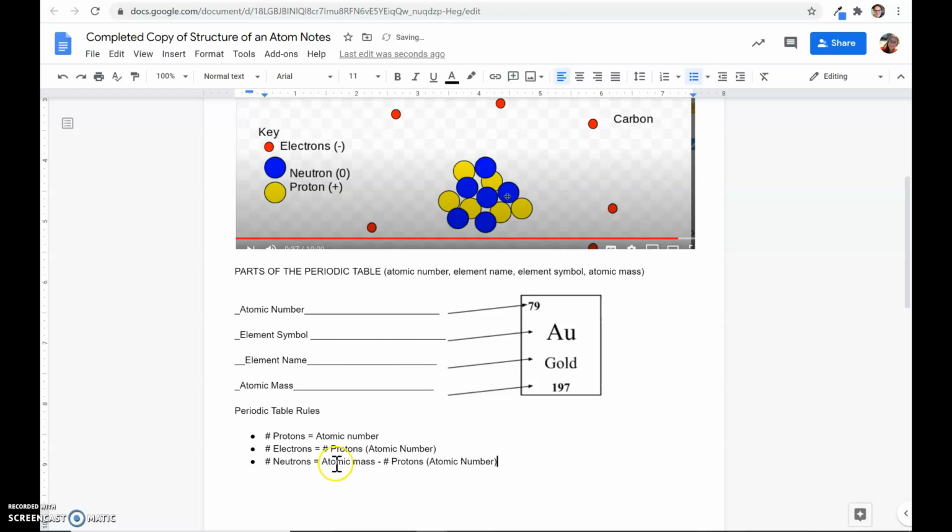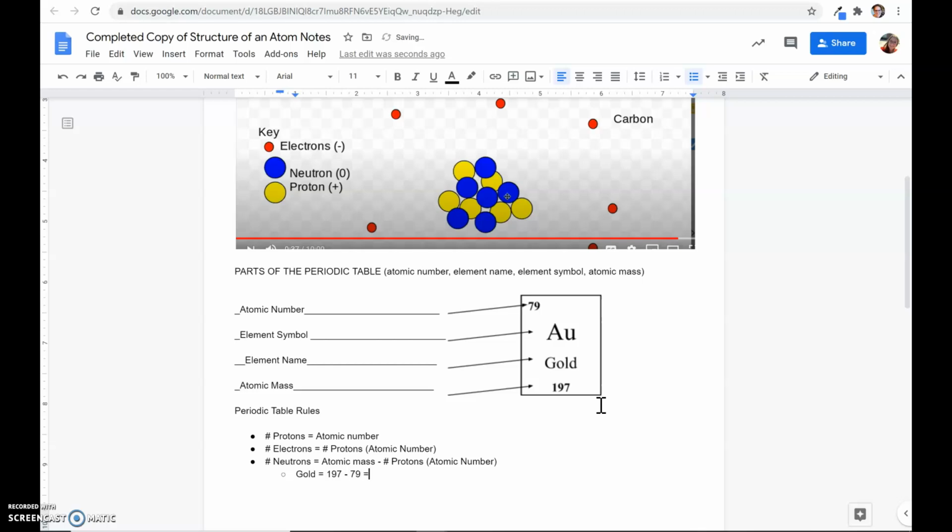Again, we know the atomic mass. This is made up of atomic units. Each proton and neutron weighs 1 atomic unit. So the number of neutrons is equal to, for gold, the atomic mass, which is 197, minus 79.